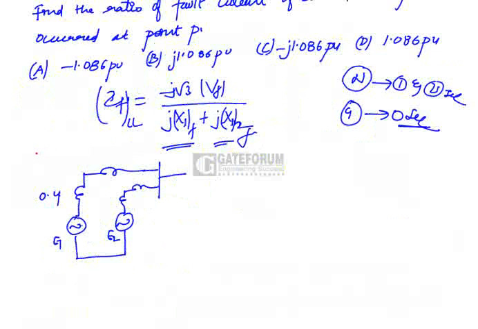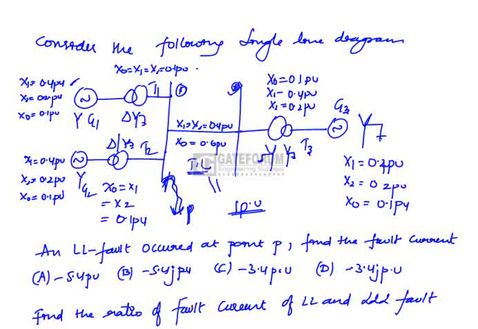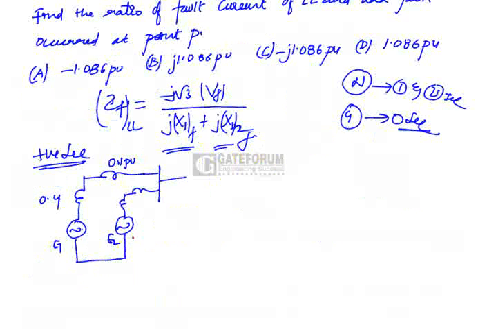So we are drawing positive sequence network. So this is 0.4 per unit, and this is transformer reactance. He has given it as 0.1 per unit. Similarly for generator 2, positive sequence reactance is given as 0.4, whereas transformer reactance is 0.1. Now in between we have a transmission line. That means transmission line is represented with only reactance since it is static one.